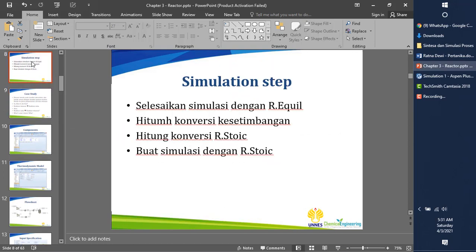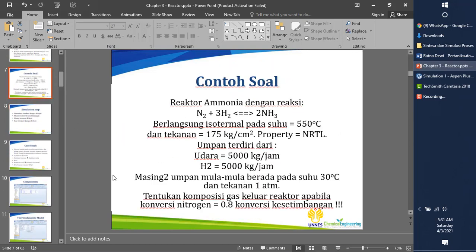And once you have calculated the equilibrium conversion, you continue to use another reactor in Aspen Plus, which is either R-stoic or R-yield. Then you specify the nitrogen conversion as 0.8.